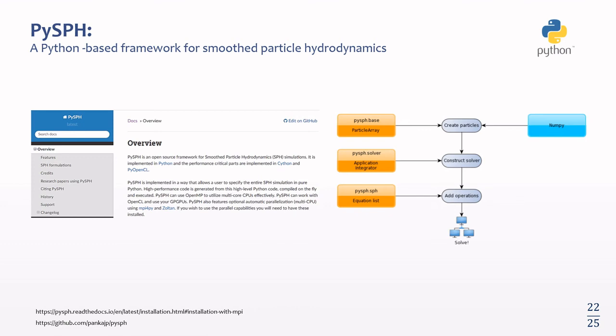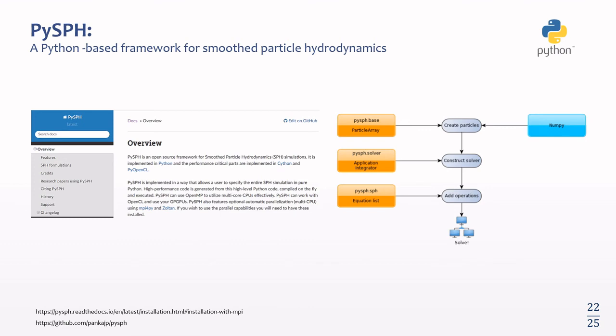This PySPH package includes all the algorithms and all the equations of SPH, and the user can define any example, any problem of interest, and then solve it using SPH simulation.